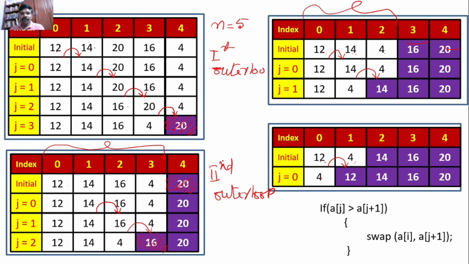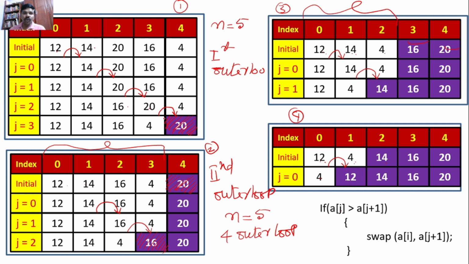Okay. So the important point we need to remember is, since I have taken n equal to 5, how many outer loops do we need to execute? This is the first outer loop, second outer loop, third outer loop and fourth outer loop. So 4 outer loops are to be executed.